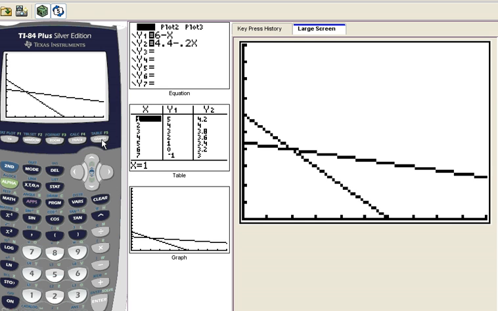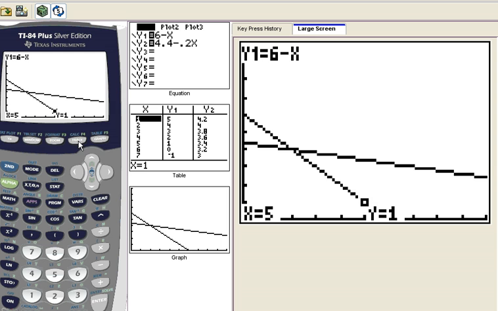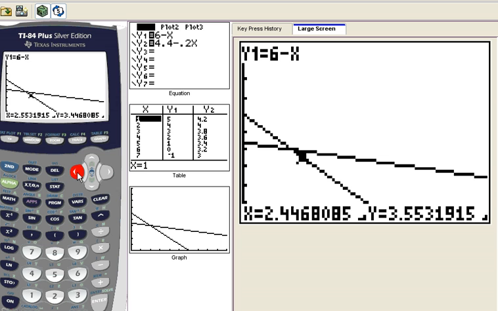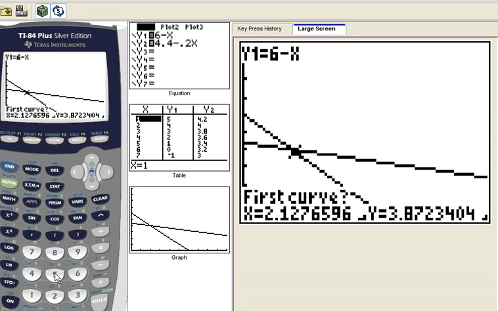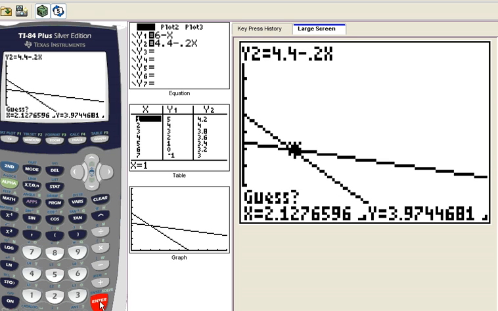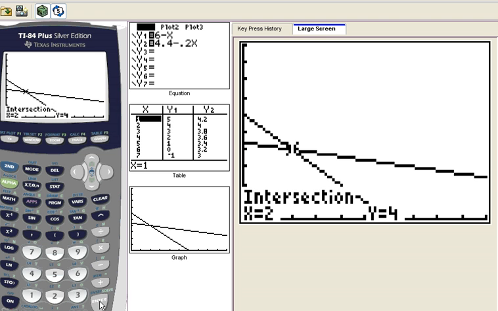Then I'm going to trace and find the place where they intersect. Do second trace, 5, enter, enter, enter. And it says x is 2, y is 4.